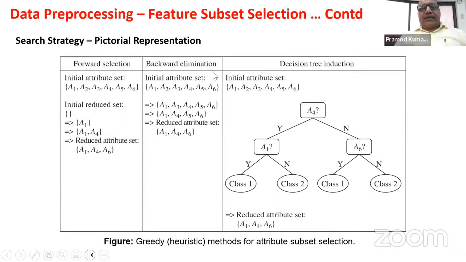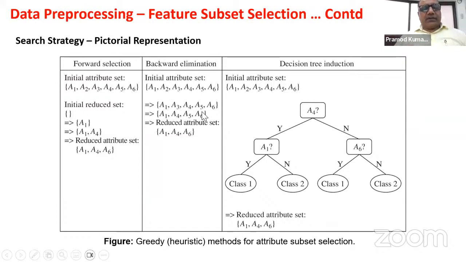And the backward elimination is just the opposite of it. It will start with the full feature set, 1, 2, 3, 4, 5, 6. Then in the next step, it will eliminate the one feature which is the worst one. So in this example, you see that the A3 has been eliminated. A3 was the worst feature, so it has been eliminated.